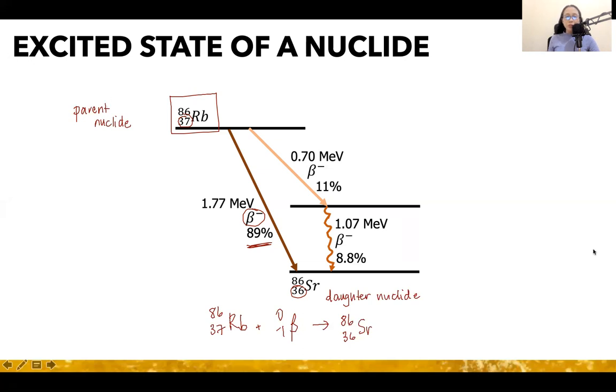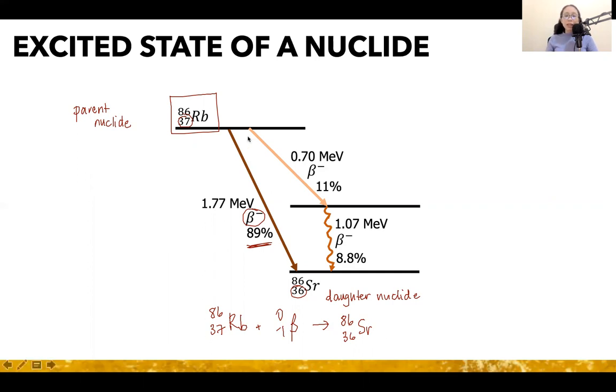Okay. So we will learn again in a different video more about these nuclear reactions. For now, you just have to focus on the terms parent nuclide and daughter nuclide, and the fact that in a population of a certain radionuclide, not all of the atoms will undergo the same radioactive process. So what happens to the remaining 11%?